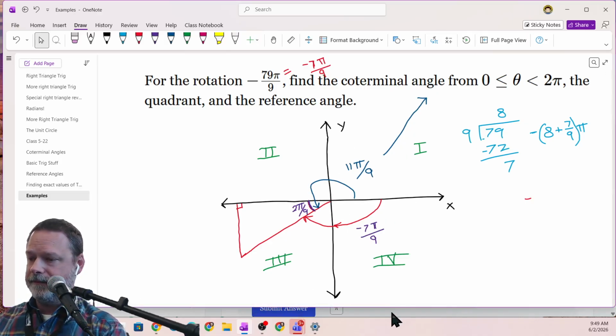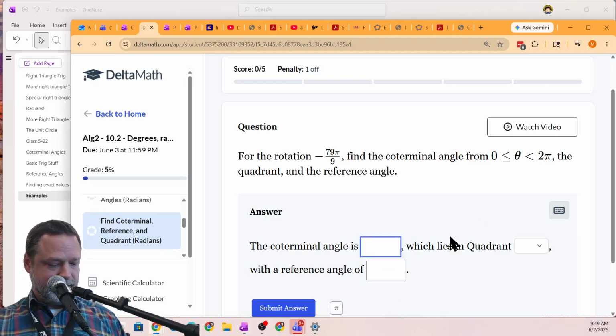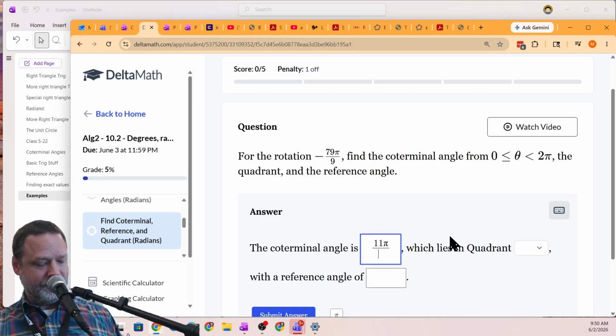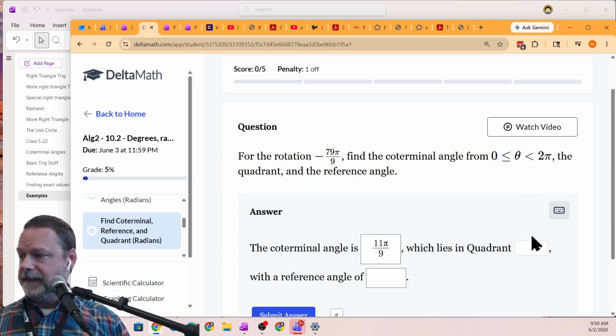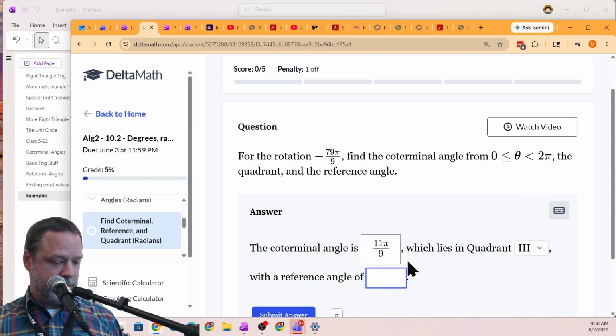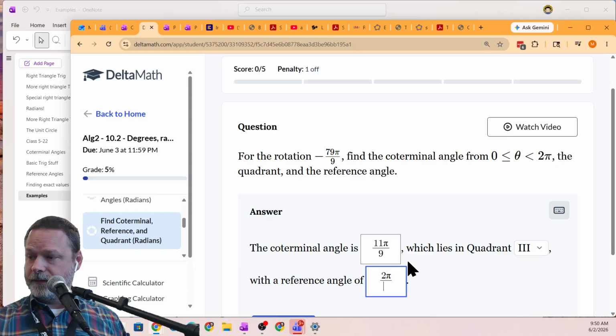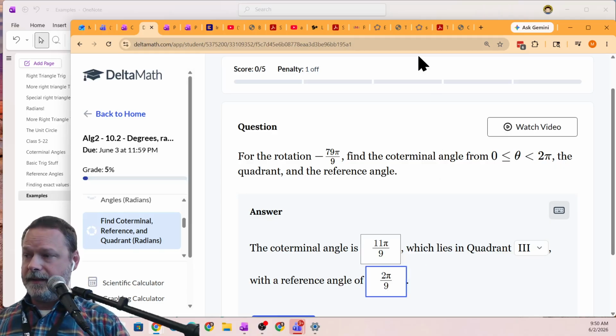So the coterminal angle is 11 pi over 9, which lies in the third quadrant, with a reference angle of, obviously, 2 pi over 9. That should do it.